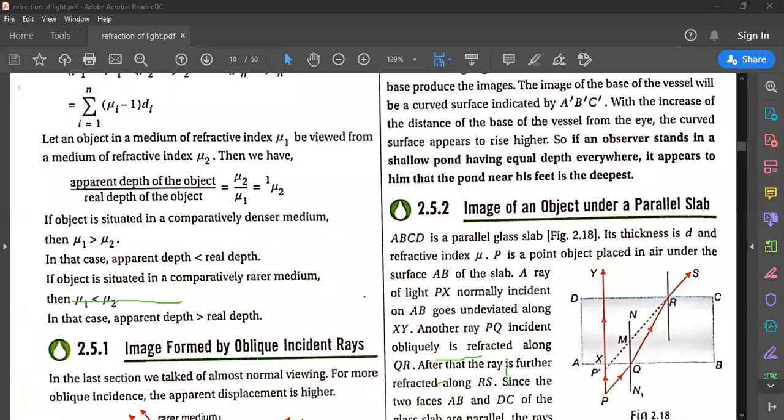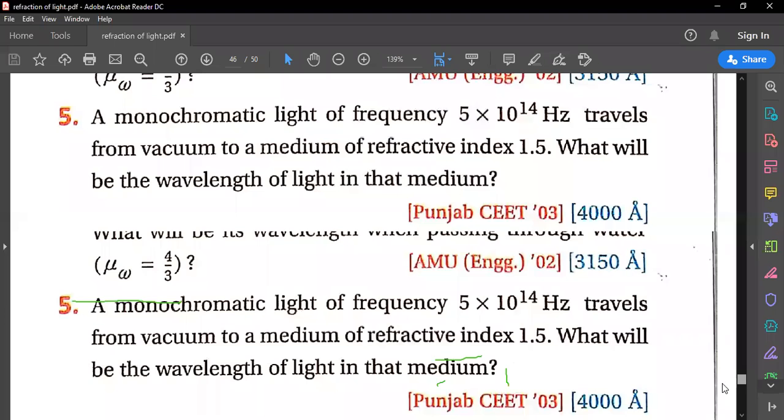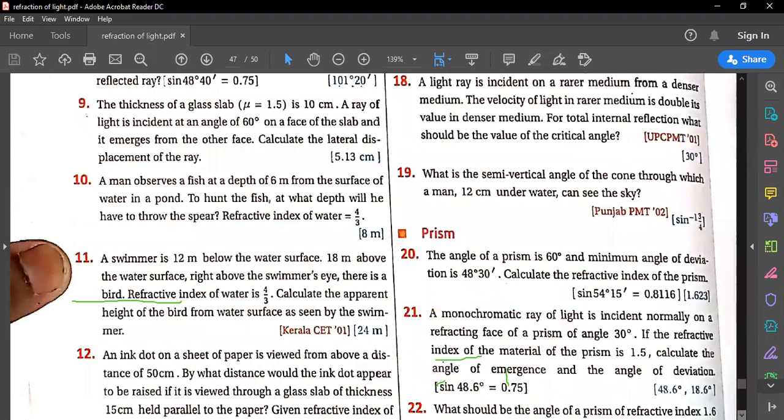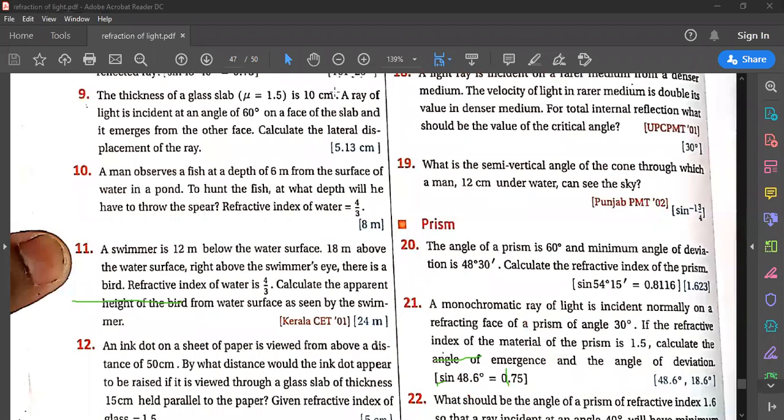So let us do another problem from this. Do problem number 11. A swimmer is 12 meter below the water surface. 18 meter above the water surface, right above the swimmer's eye, there is a bird.